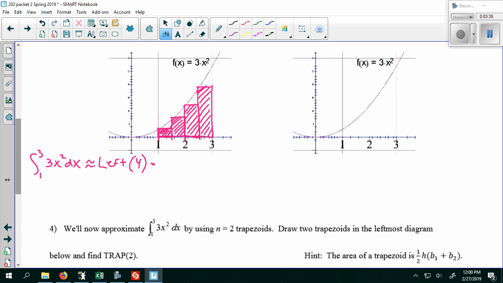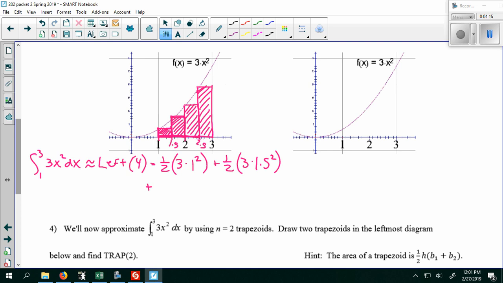So each rectangle has a base of 1/2, and each rectangle's area is base times height. So it's going to be 1/2 times the height, which is the value of 3x squared when x is 1, so 3 times 1 squared. Plus my next rectangle, it has a base of 1/2 and its height is the value of 3x squared at 1.5, so 3 times 1.5 squared.